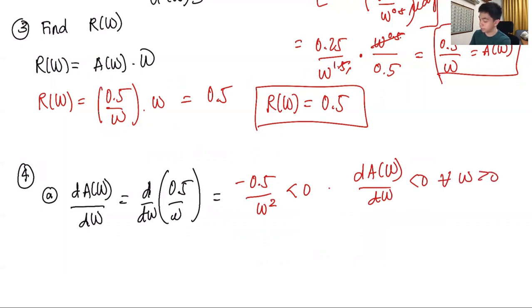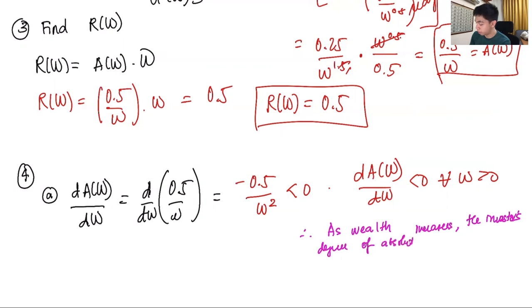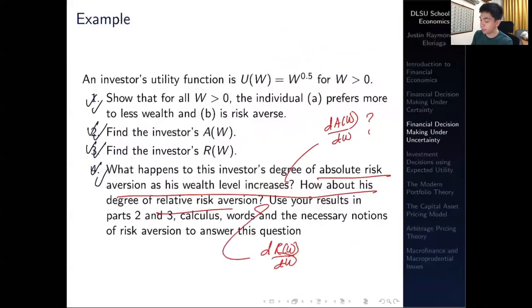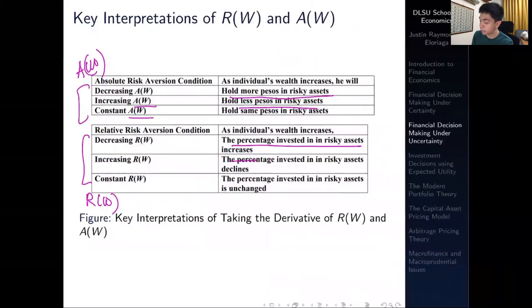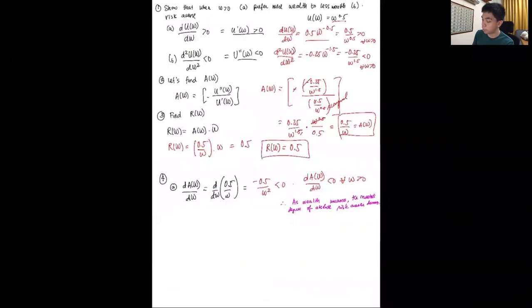And what's the implication of this? It implies that as wealth increases, the investor's degree of absolute risk aversion decreases. And if you recall the table from earlier, if the person's absolute risk aversion is decreasing, then he or she is willing to hold more pesos.